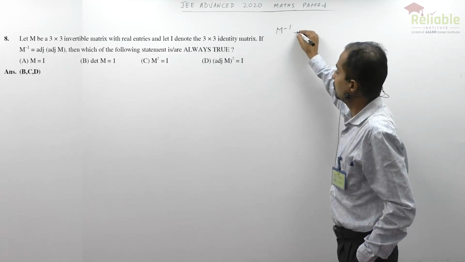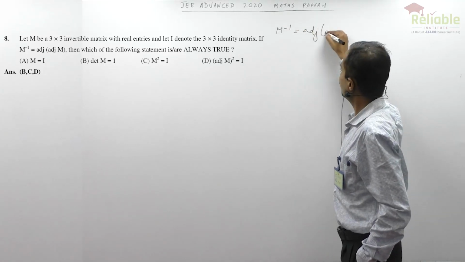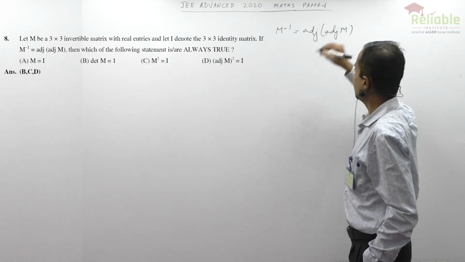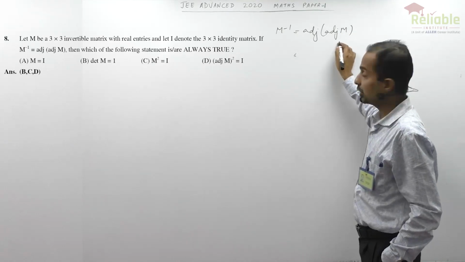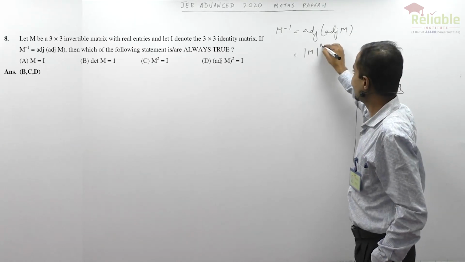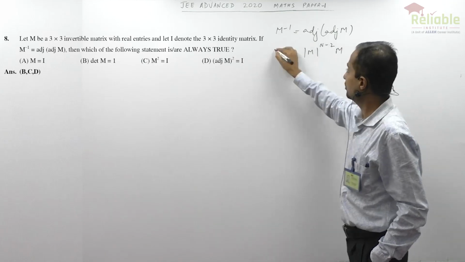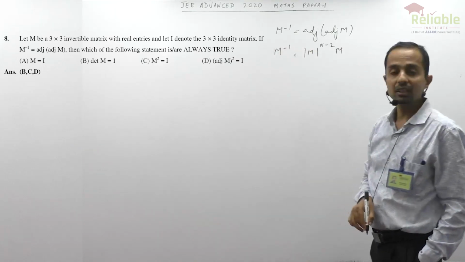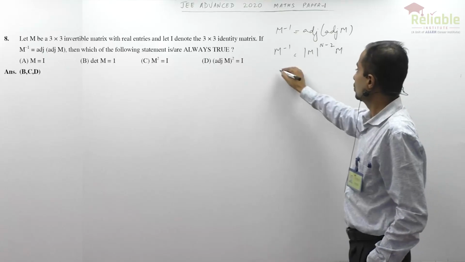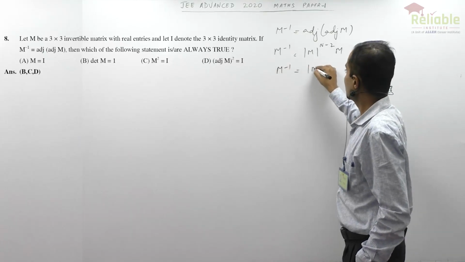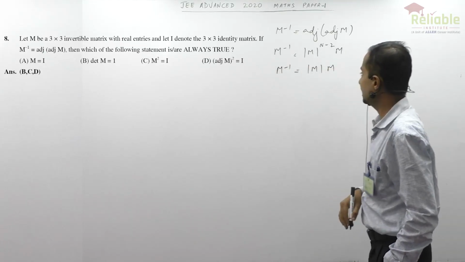Here M inverse is adjoint of M. As we know, adjoint of adjoint M is n minus 2 M inverse. Now the order is 3, so M inverse into M, right?